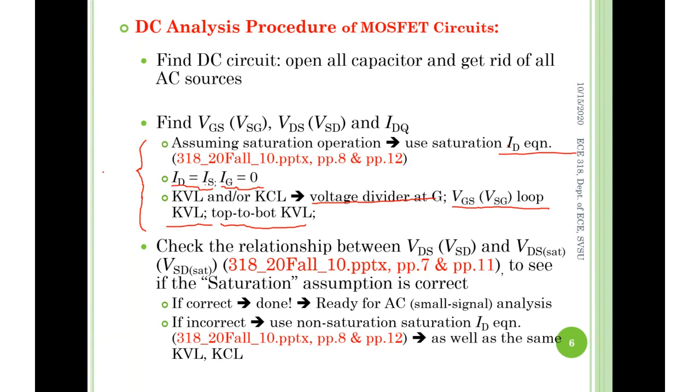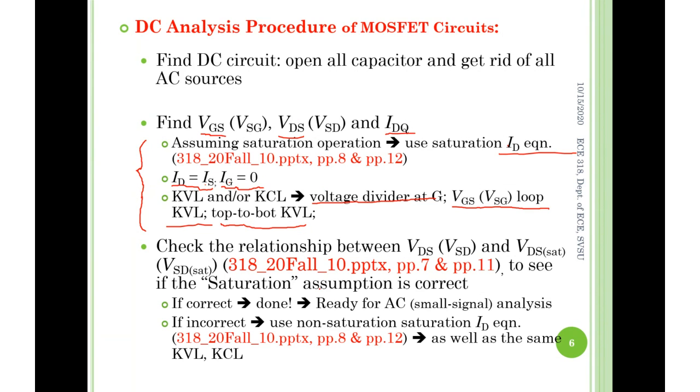This is really awesome. Just keep thinking, using them. You don't want to have this arsenal and never use it. That's absolutely wasting. These should be enough for you to conduct the DC analysis so that you can find VGS, VDS, and ID.